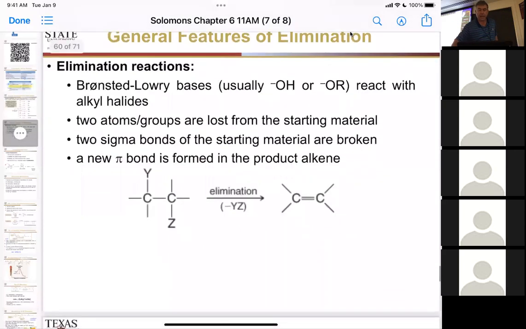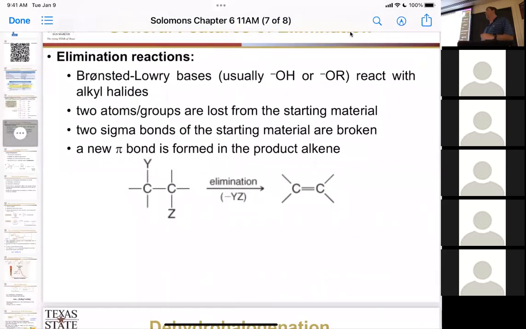In an elimination reaction, we're going to remove something from one carbon, and we're going to remove something else from an adjacent carbon, okay? Most of the time, we're going to remove a halogen and a hydrogen, so we call it dehydrohalogenation, and we can use a strong base to remove that acid from the system.